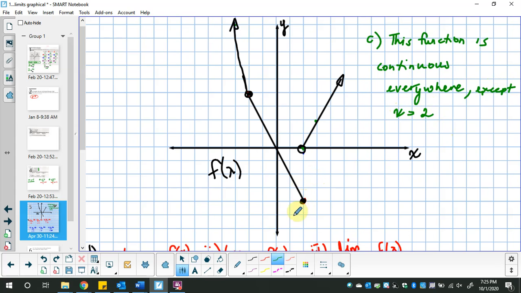So what I need you to know for calculus class is that if you are talking about something being continuous, there is also the opposite, which is discontinuous. And graphs are discontinuous where you lift your pencil.